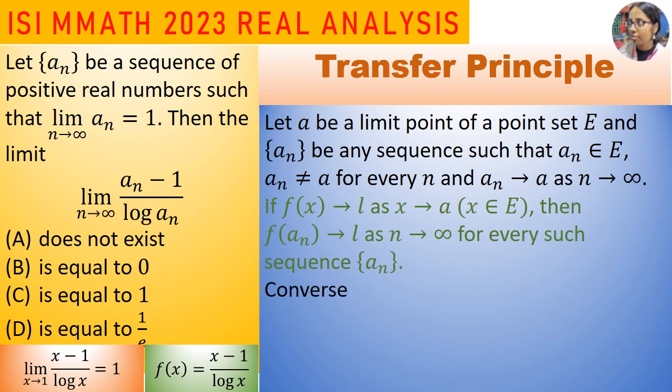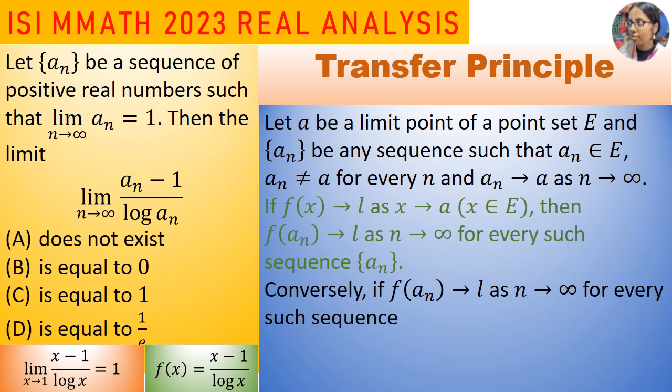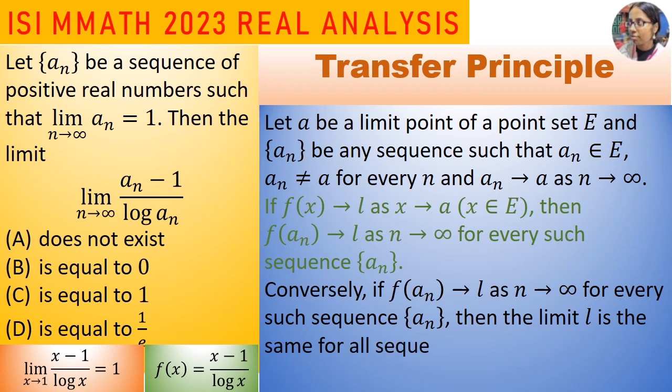Conversely, if f(a_n) goes to L as n tends to infinity for every such sequence a_n, then the limit L is the same for all such sequences a_n, and f(x) goes to L as x tends to a through the point set E.